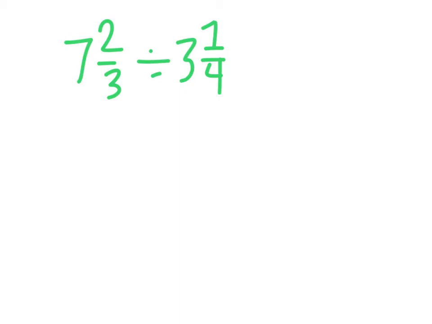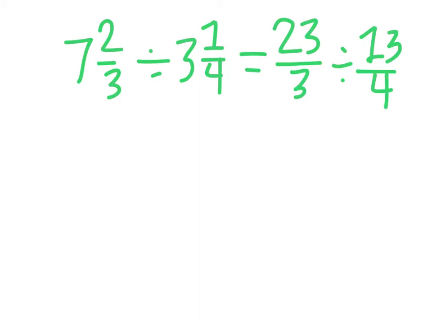Now let's do one with mixed numbers. So like we've been doing with mixed numbers, we want to change the mixed number into an improper fraction. So 7 times 3 is 21, plus 2 is 23. So we get 23/3 divided by 3 times 4 is 12, plus 1 is 13, so 13/4.